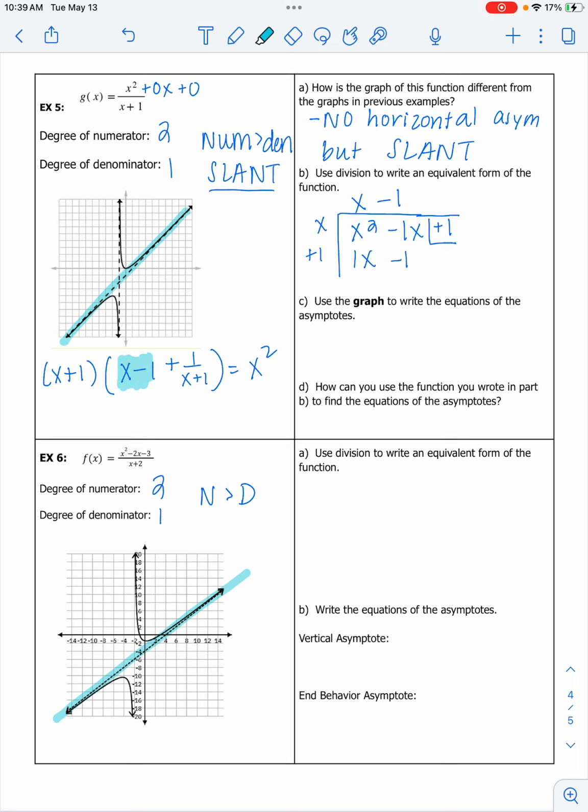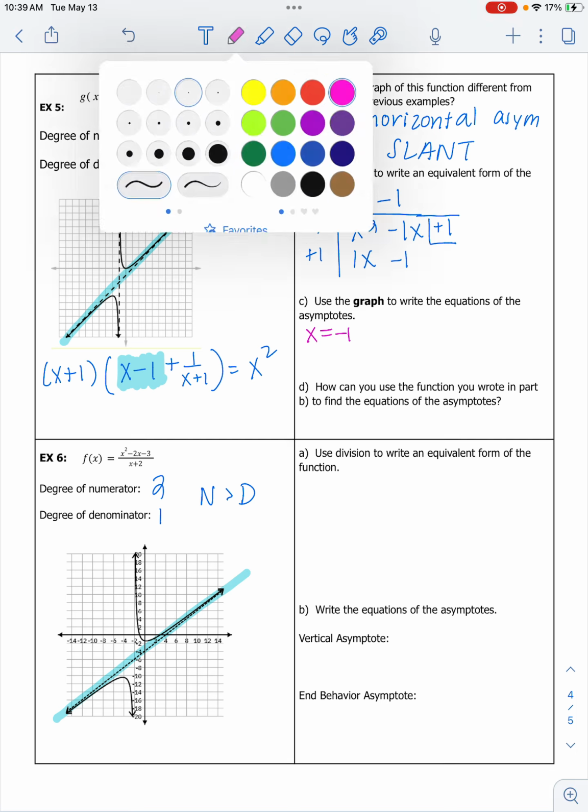let's see if this shows up somewhere on our graph. Looking at the graph itself, our vertical asymptote is x equals -1. Okay, that comes from the denominator of the original function, x plus 1.